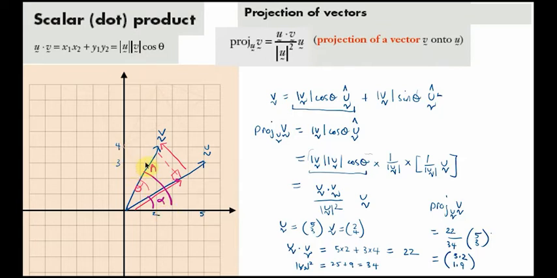Of course, we could also have used the cosine rule where we know V and U. We could calculate V minus U in component form and use the cosine rule to get theta. But let's use the alpha beta approach and just show that calculating the dot product for those two vectors gives 22 based on the cosine form.